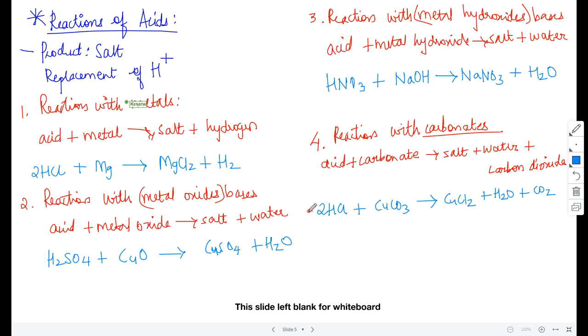No. Okay, fine. So what we observed here was four reactions of acids: with metals, with metal oxides, with metal hydroxides and carbonates, right? And metal oxides and metal hydroxides gave us very similar products.